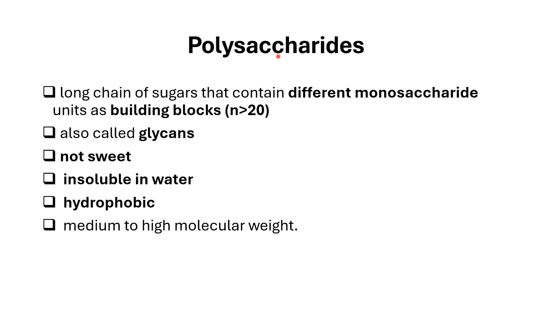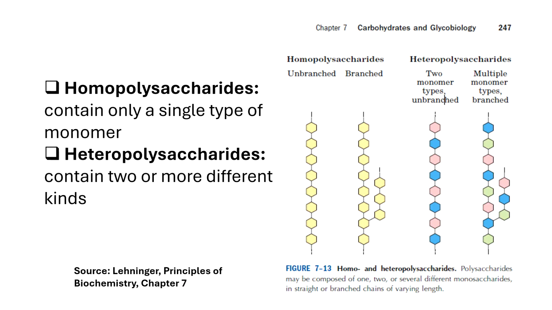Next, let's see polysaccharides. Polysaccharides are long chains of sugar, so they have more than 20 saccharide units joined together. These polysaccharides are typically not sweet, insoluble in water and hydrophobic in nature. Their molecular weight ranges from medium to high.